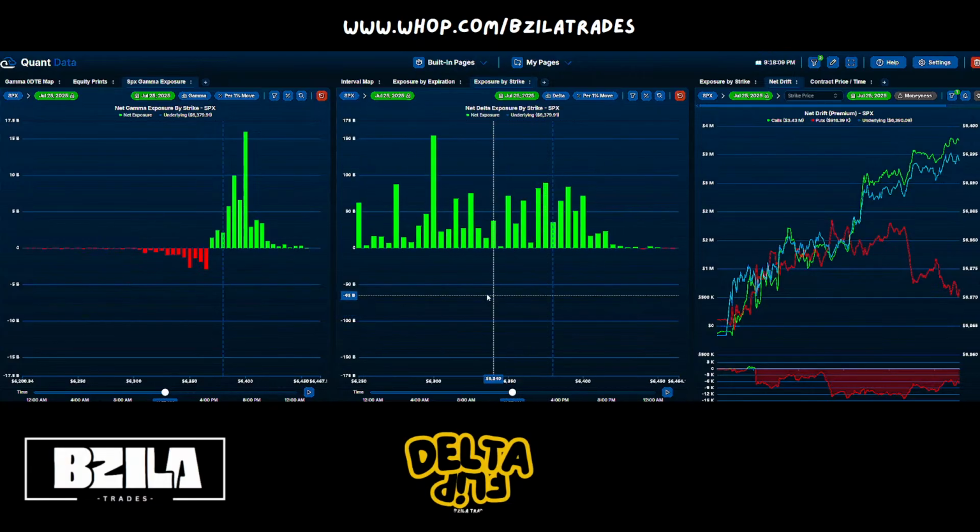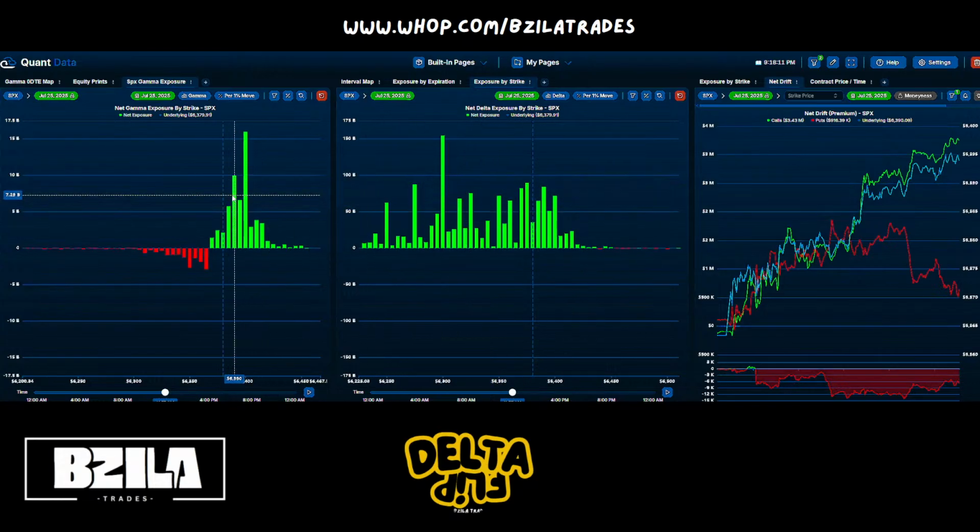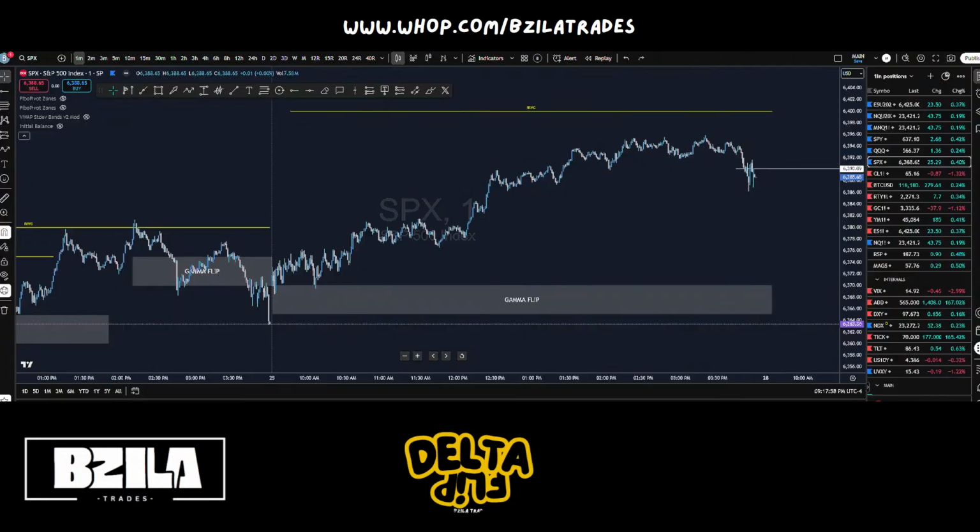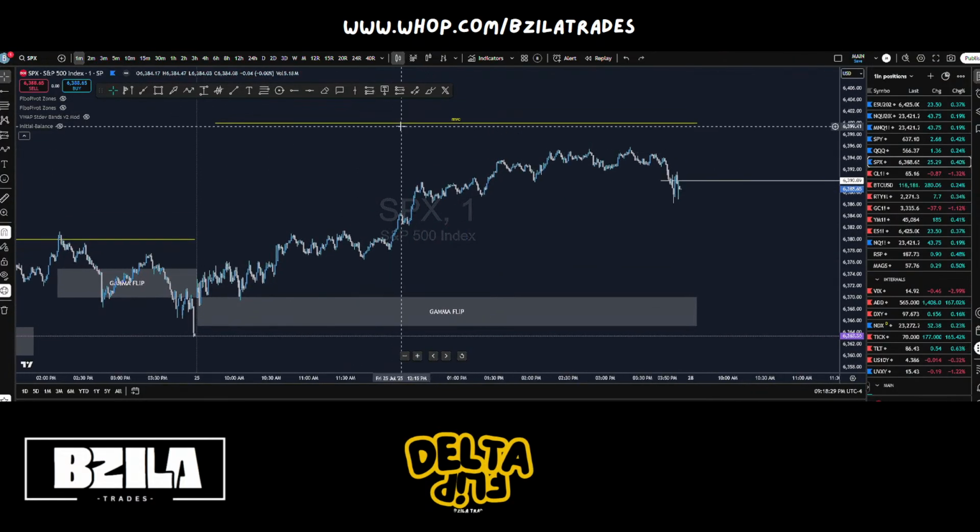Once again, all positive delta. You could tell 6390 kind of increased, 10 billion, 16 billion. So marking up 6390 there, it's possibly like maybe a PT1 and then 6400 for PT2. We could mark that up.